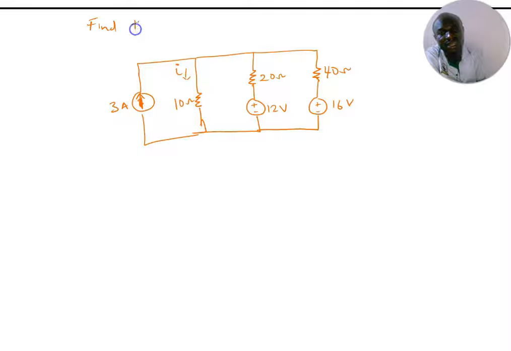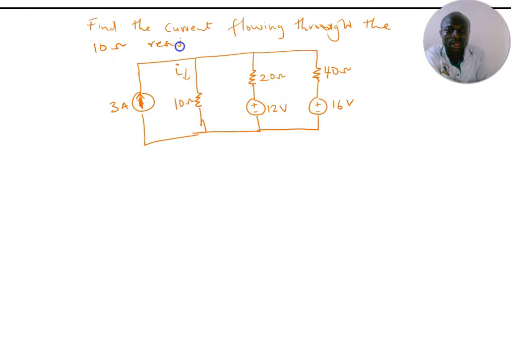So that's the question. Because we have 3 active sources, we are going to get 3 circuits.